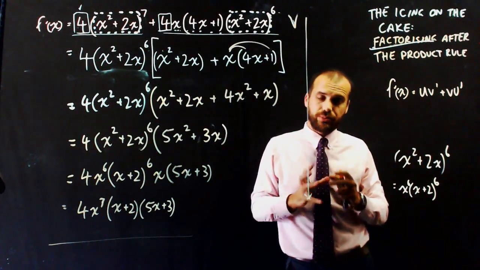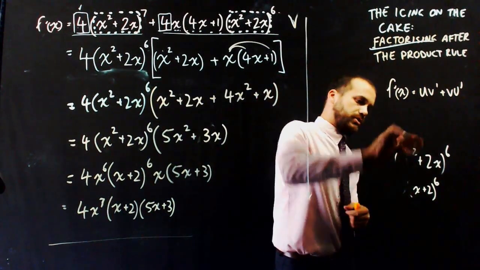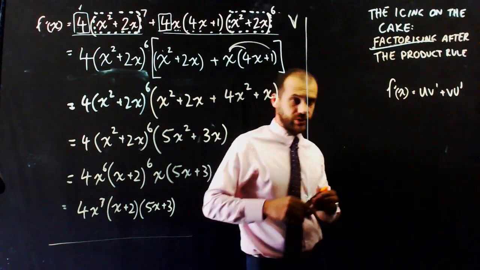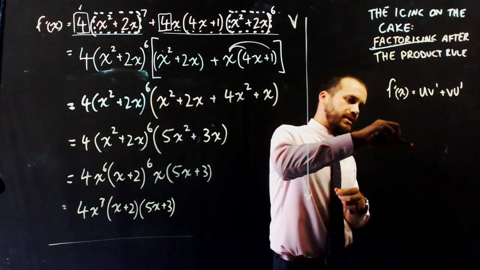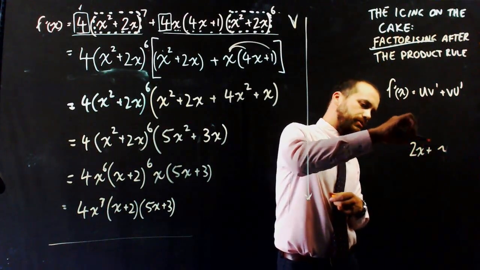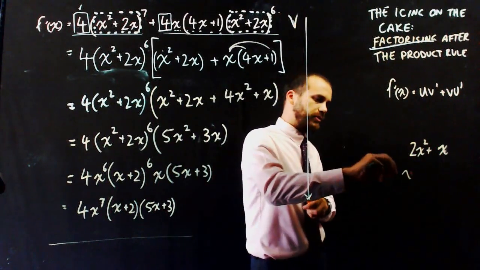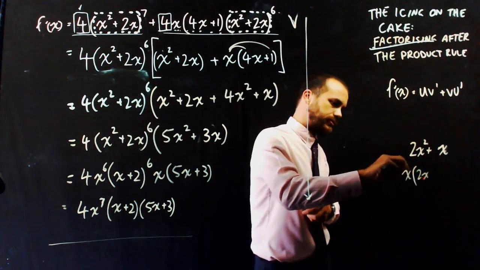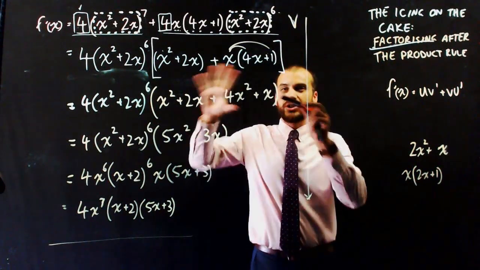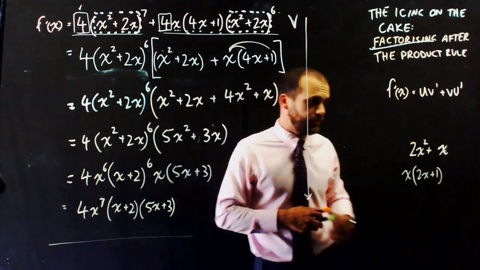The basic principles, though, are the same basic principles that you learnt all the way back in probably year 7 or so, and that is if there is a common factor, plus 2x squared plus x, then you can take that common factor out. Just on a bigger scale. Alright, that's the icing on the cake, factorising after the product rule.